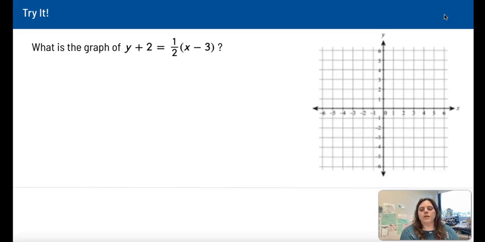And our slope is 1/2, so we want it to go up 1 and right 2 as we move over. And then we can continue it backwards, again still doing that 1 and 2 to get it to come through. So you can see here how it does not cross at a nice number, and so that's why we like the point-slope form. But this is the line you should have drawn.